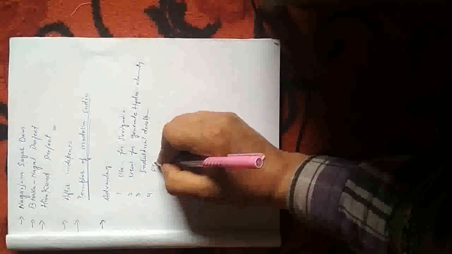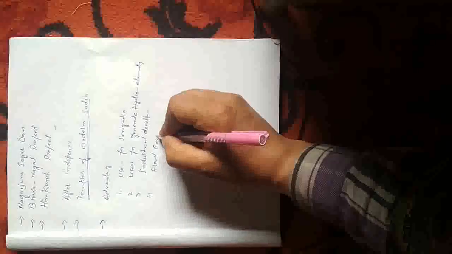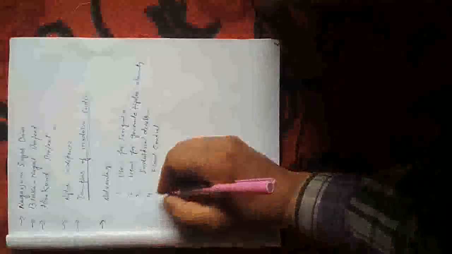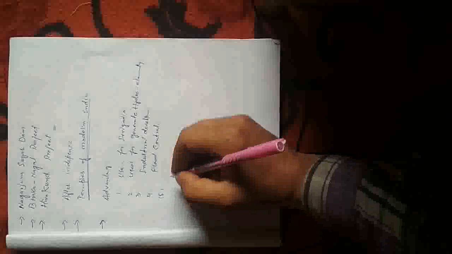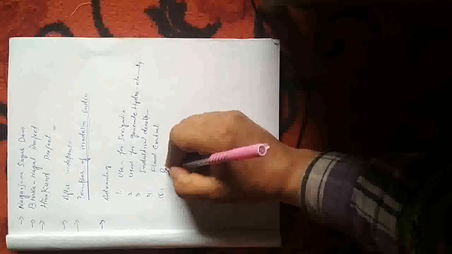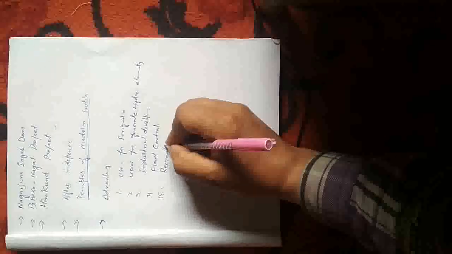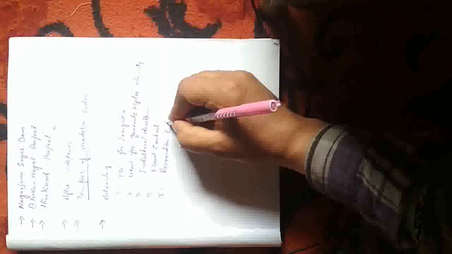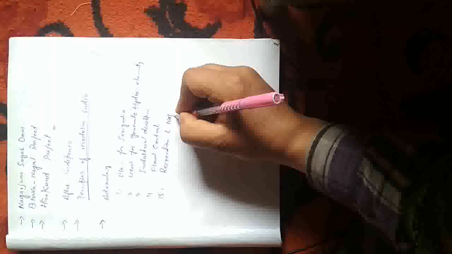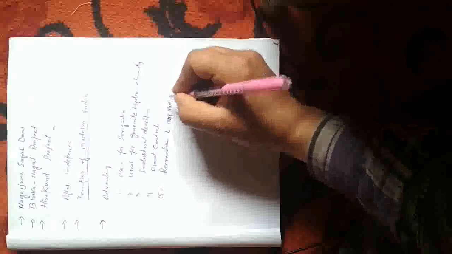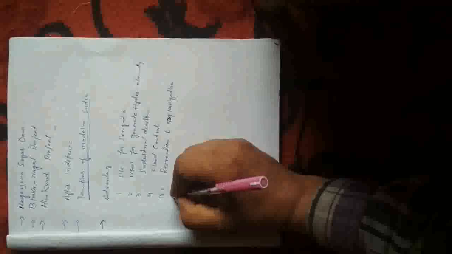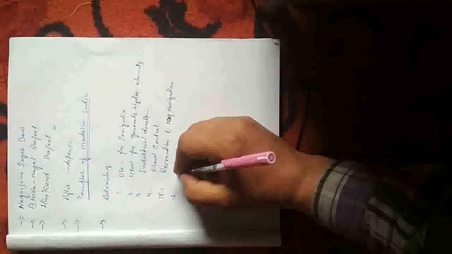Number four, it is helpful in flood control. Number five, it is helpful in recreation and inland navigation. And number six, it helps us in fish breeding.